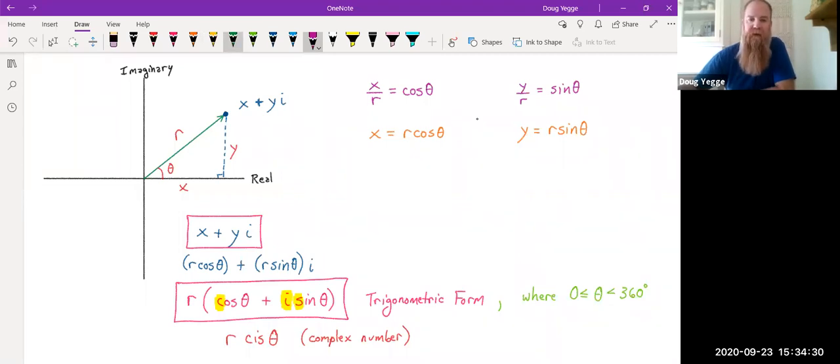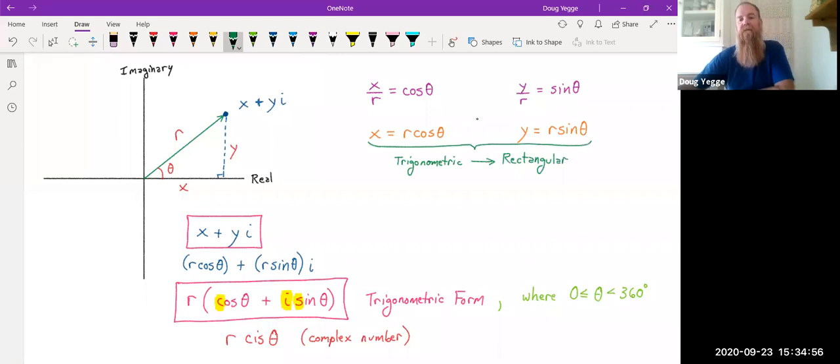Going back to the page of our derivation here, we should recognize that these two formulas can be used to convert from r's and thetas, or trigonometric form, by being given r and theta, we can turn it into rectangular form. So this is often helpful, knowing that x is r cosine theta and y is r sine theta.